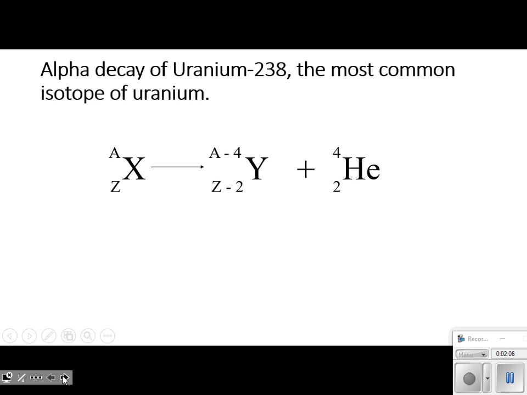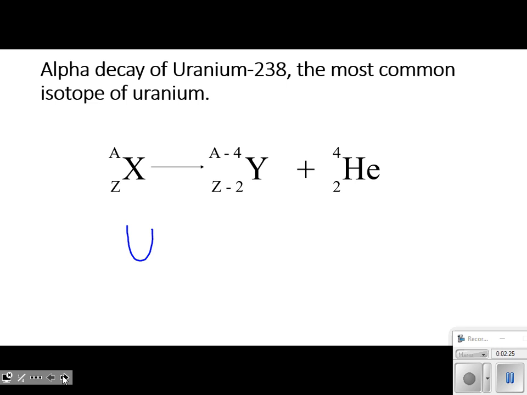Now, as I am doing this, where do I start? Well, I have the alpha decay of uranium. So I'm going to start out, my X is going to be uranium.